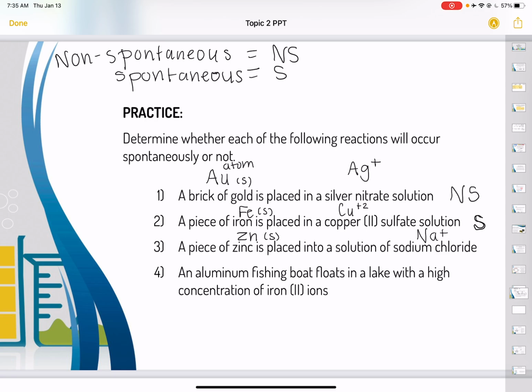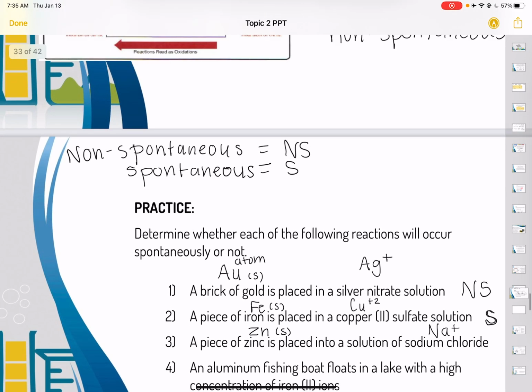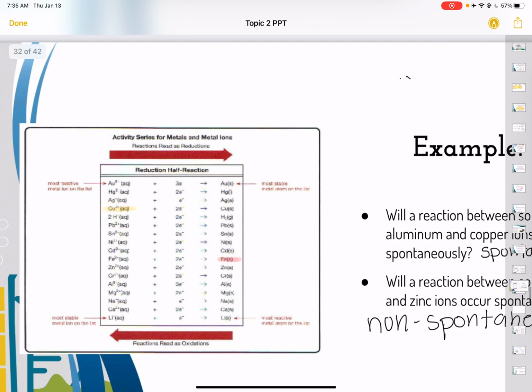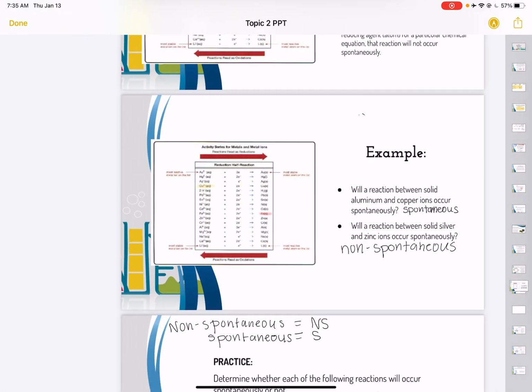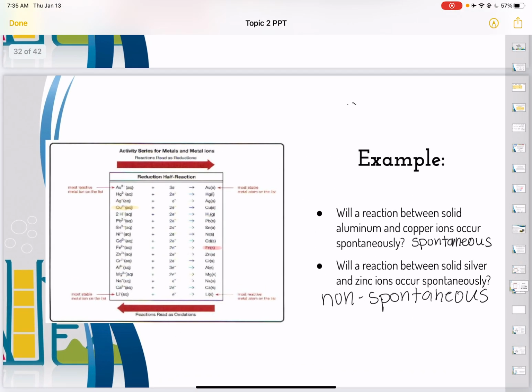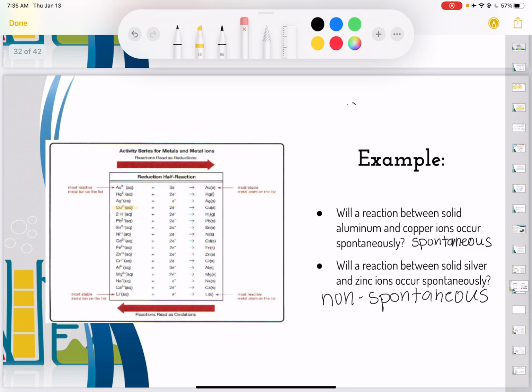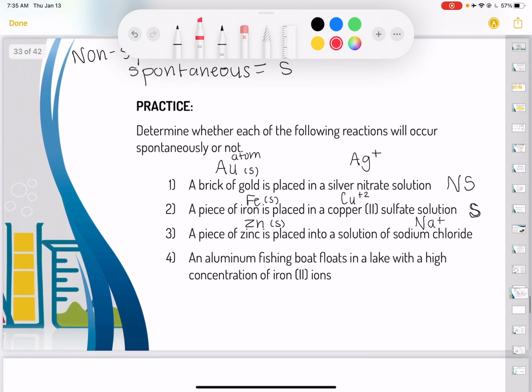So we need sodium to be higher than zinc for it to be spontaneous. So our sodium is not higher than zinc on the table, which means that it is not spontaneous.